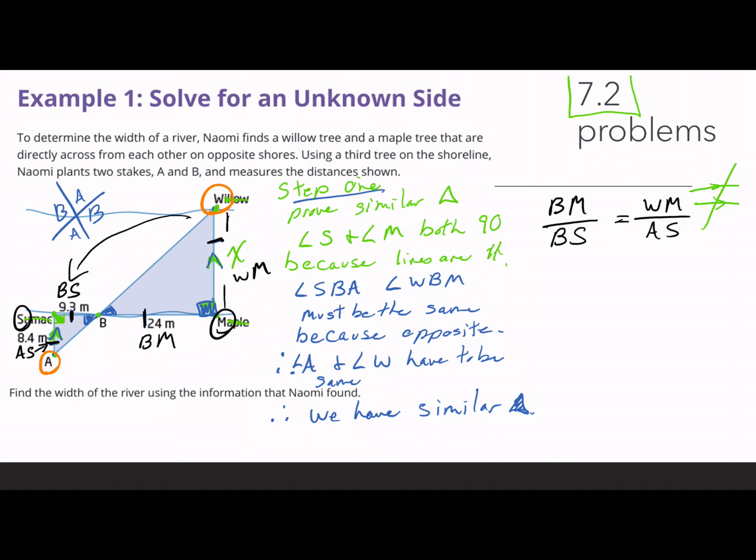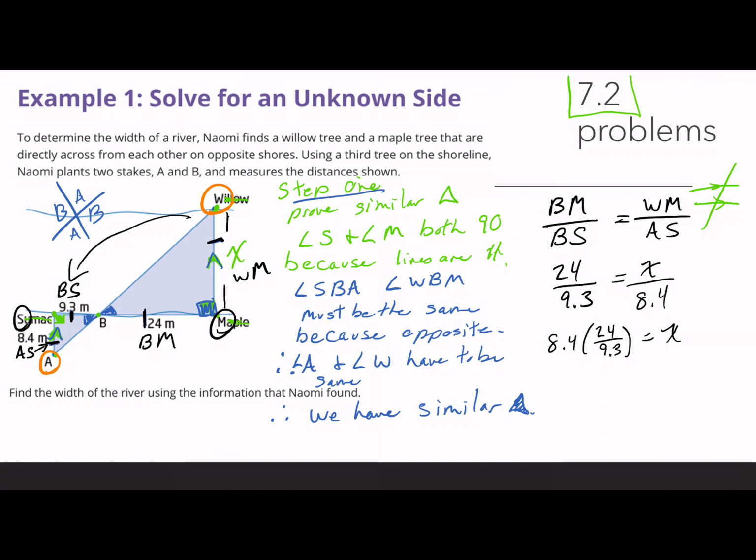So BM is 24. BS is 9.3. WM is what we're trying to find. That's our X. And AS is 8.4. So in order to solve for X, we have to divide both sides by 8.4. And then that's a matter of putting it into your calculator.